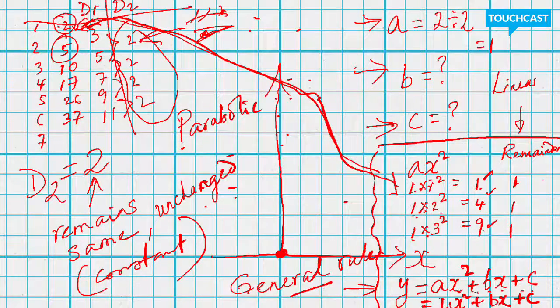I write it down, and for the second step I get 4, not 5, so I'm 1 short of this number. I get 9, but I do not get 10. So 10 minus 9 is 1. So I get a secondary pattern, and it will continue for the rest of the terms.